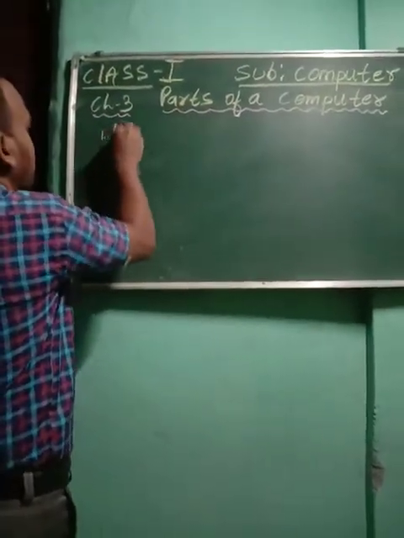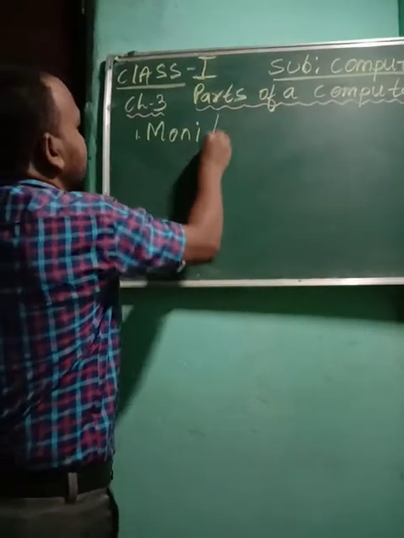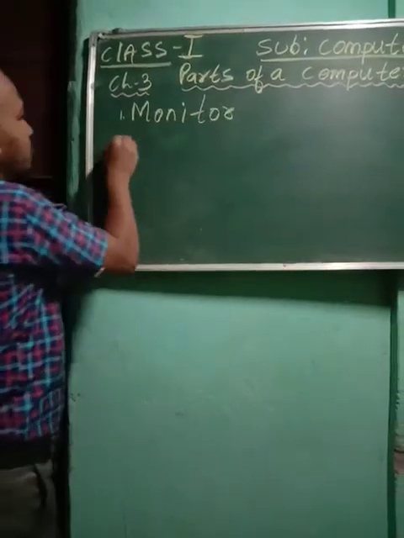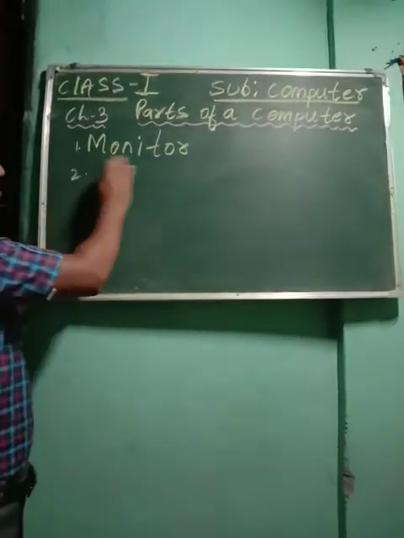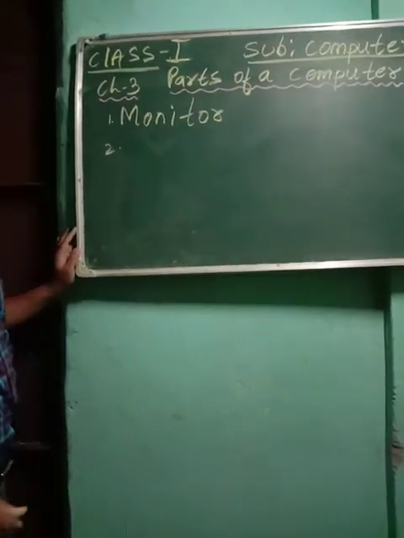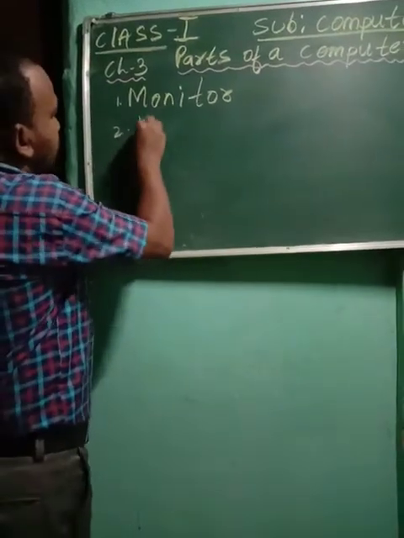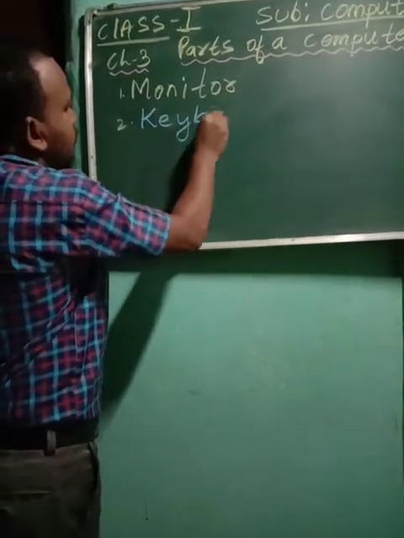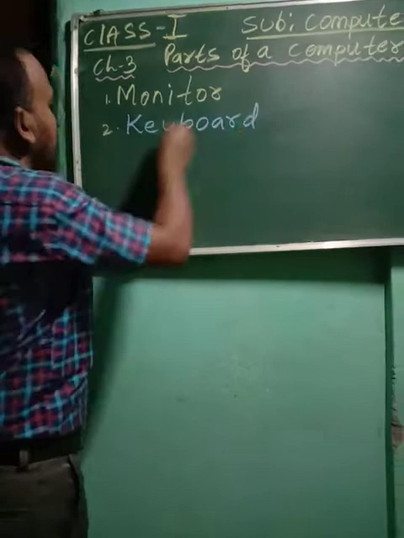First we are going to talk about the monitor. See the blackboard. First it is what? Monitor. Now the second one we are going to talk about is the keyboard. It is what? Keyboard.